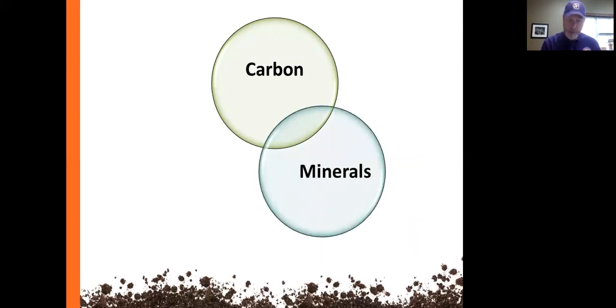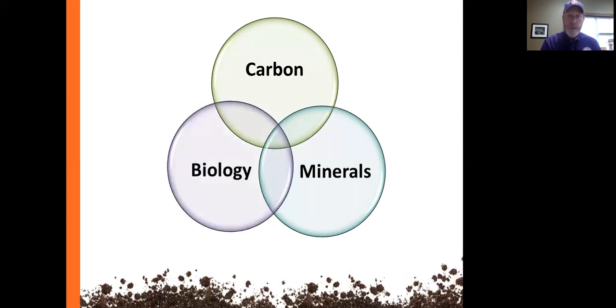Obviously, then having minerals, nutrients, fertilizers in a form that's not only linked and combined with the carbon, but also in a biology-friendly form. And then thirdly, the biology itself, the inherent or parent biology in your soils, and those that you may add or inoculate in that process.